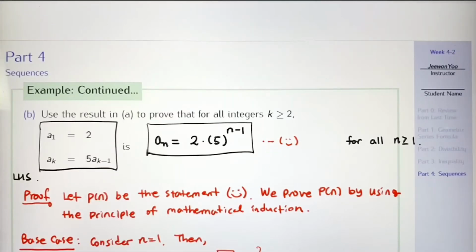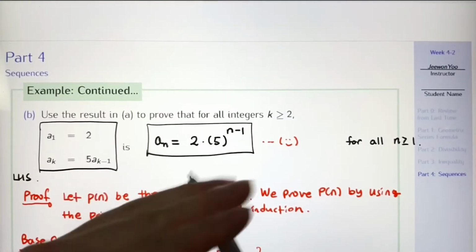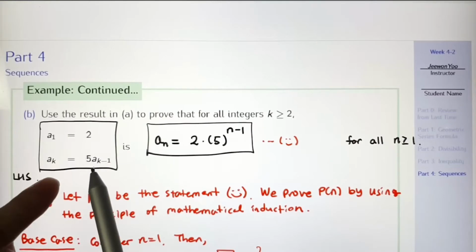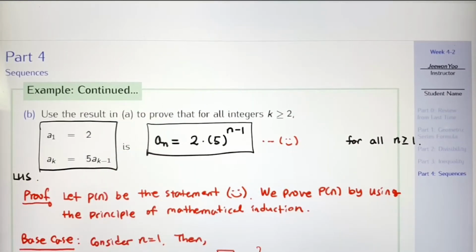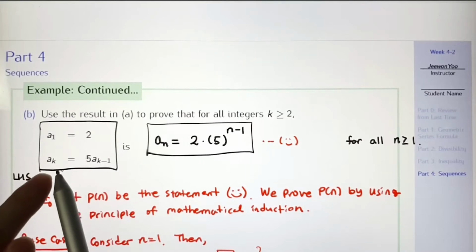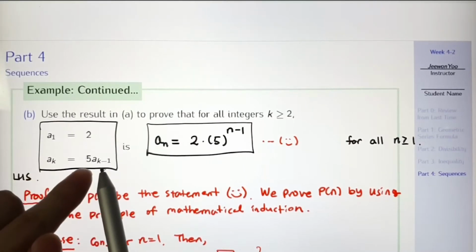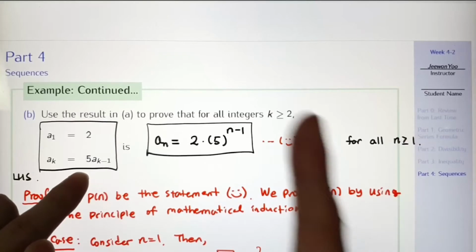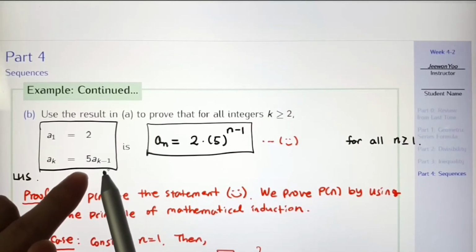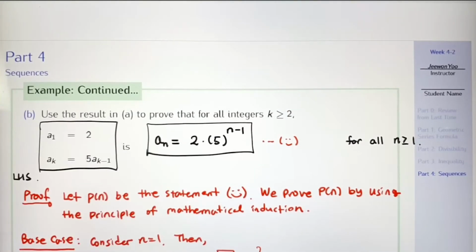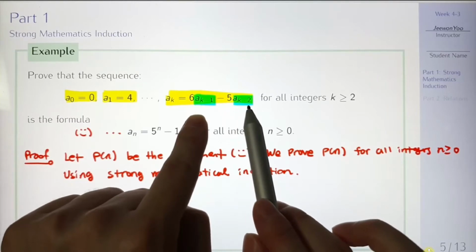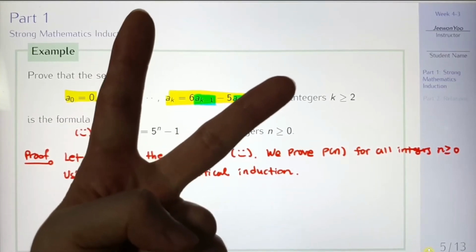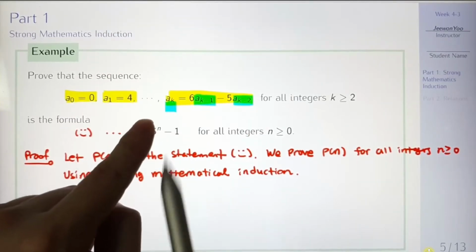In the previous lecture, if you remember, we proved a similar statement using sequences. However, the only difference between that example and our new example today is that there the recursive formula a_k depends only on the previous one term, whereas today's new example requires two previous terms. You see, we need a_{k-1} and a_{k-2}, the two previous terms, in order to get a_k.